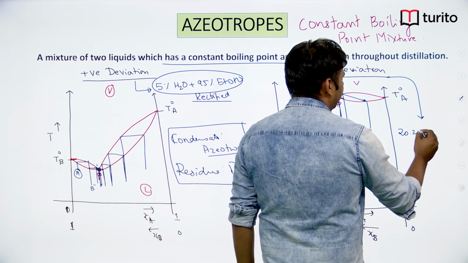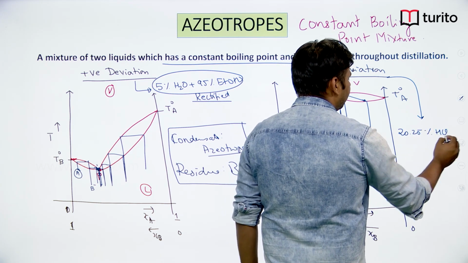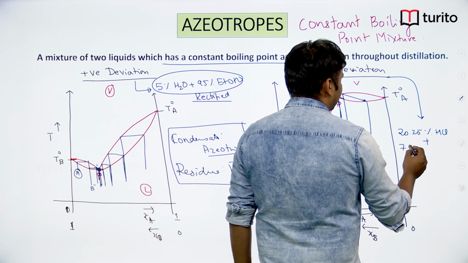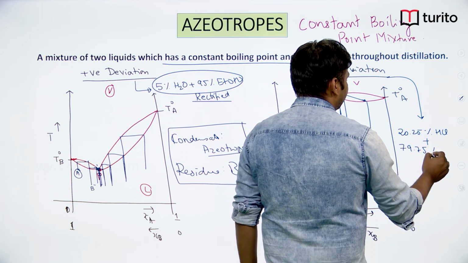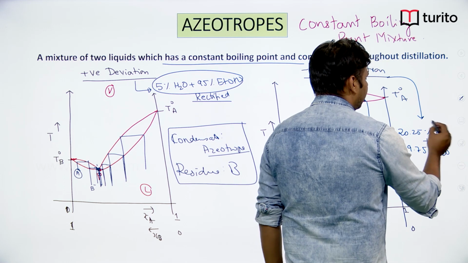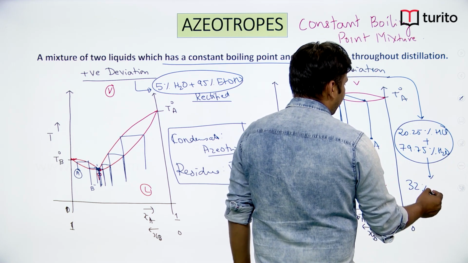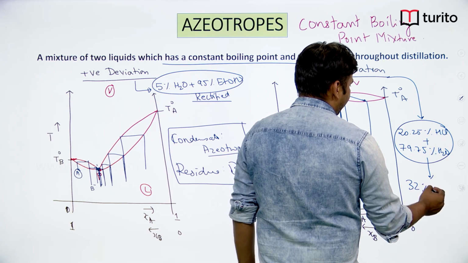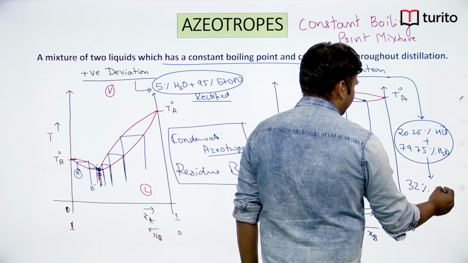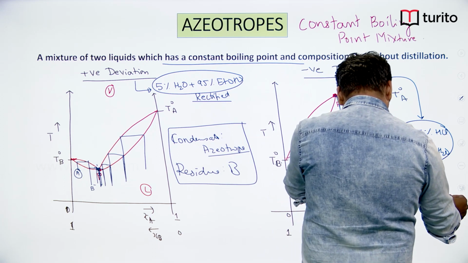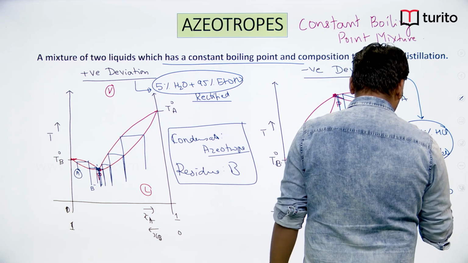20.25 mass percent HCl plus 79.75 mass percent water, or 32% HNO3 and 68% water.